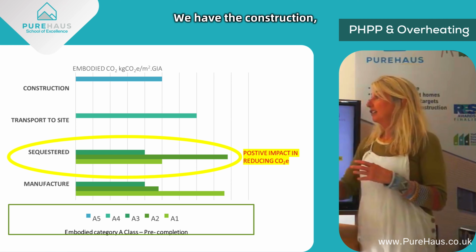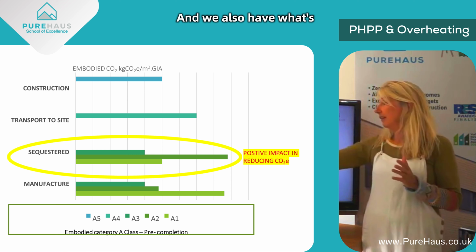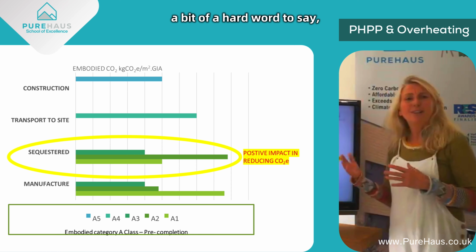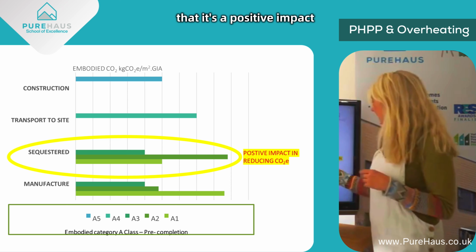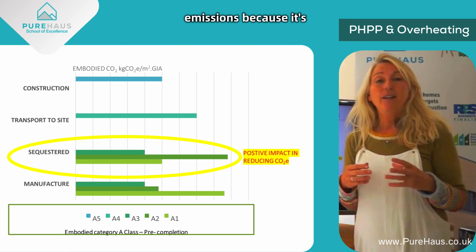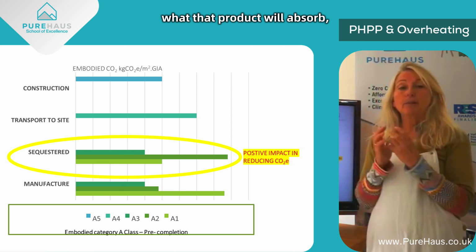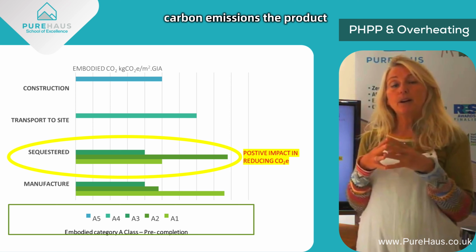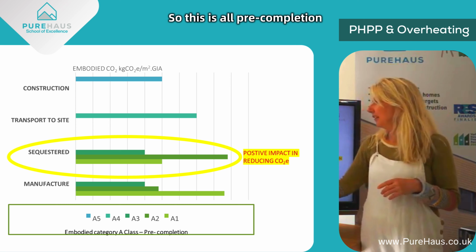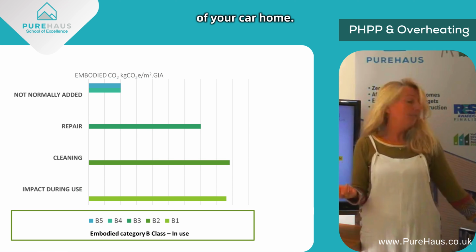We have the construction, as in how those products are put together, and we also have what's called the sequestered, and I've talked about this, a bit of a hard word to say, that is a positive impact in reducing carbon emissions, because it's basically revolving around what carbon emissions the product will absorb. So this is all pre-completion on your project, and it's the embodied aspect of your carbon.